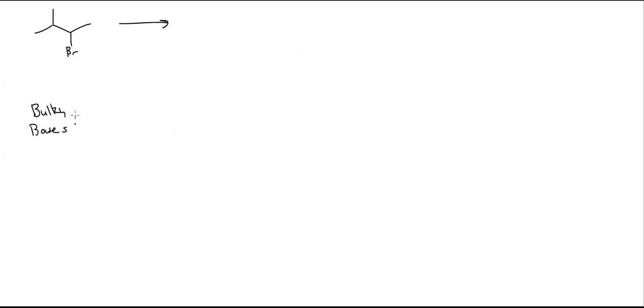So the bulky bases, there's 3 that we need to be concerned about, all right? So there is potassium tert-butoxide. So potassium tert-butoxide looks like this. So it's an O- with a potassium. So this is potassium tert-butoxide.